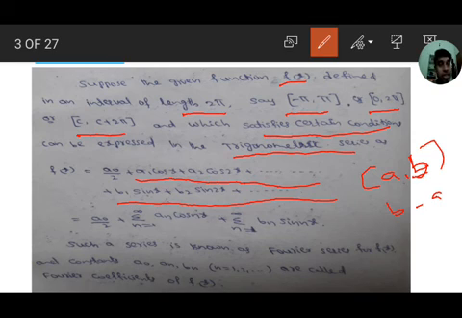This can be written in sigma form: the cosine terms are sigma n equal to 1 to infinity an cos nx, and the sine terms are sigma n equal to 1 to infinity bn sin nx. So the total series is a0 by 2 as it is, plus sigma n equal to 1 to infinity an cos nx plus sigma n equal to 1 to infinity bn sin nx.